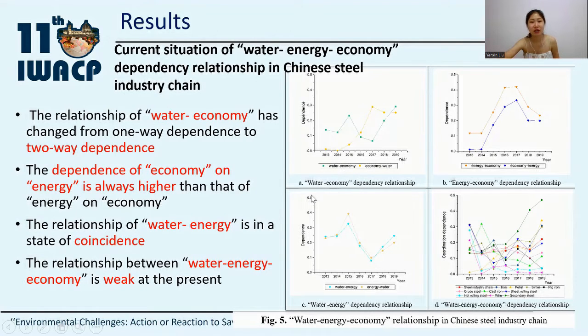And the relationship of water and energy is in a state of coincidence. We could see it from figure 5c. And the last figure shows the relationship between water, energy, and economy is very weak at present. But from this figure, we could also see the values of these lines are going up, which means the sustainability of the Chinese steel industry chain is going well.